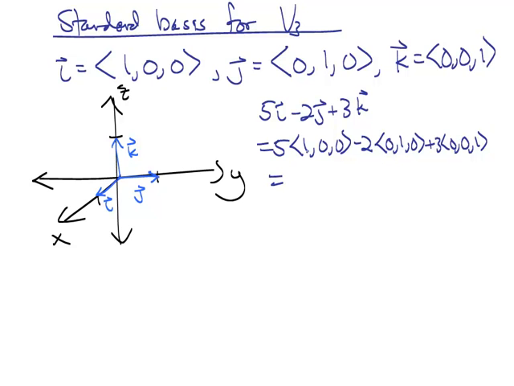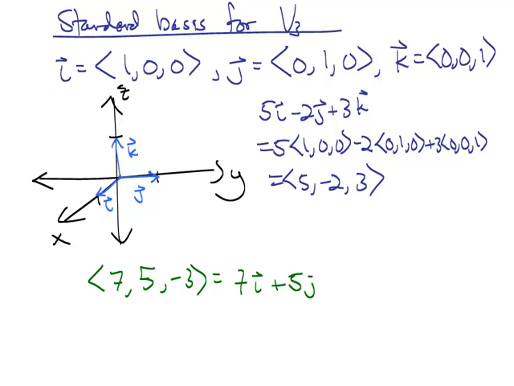So that's just the vector 5, negative 2, and 3. Oftentimes we will represent our vectors using i, j, and k. You'll see them that way in some of your homework and in the book as well. So we may write 7, 5, negative 3 as 7i plus 5j minus 3k. You need to be able to go back and forth, either way.